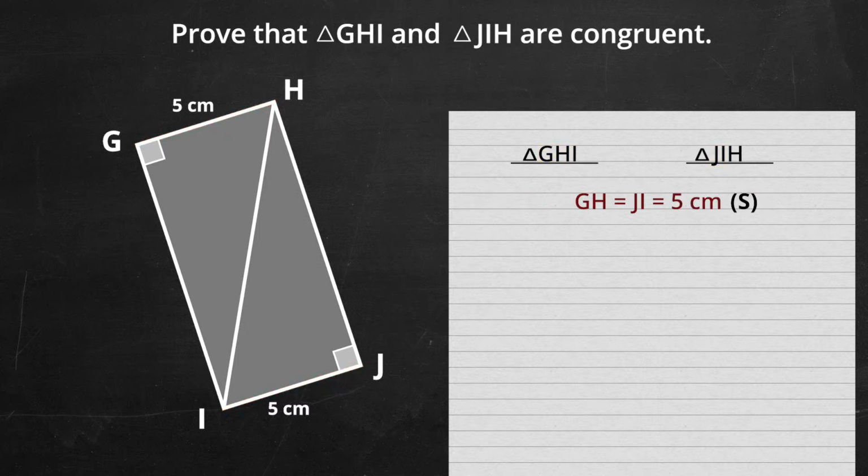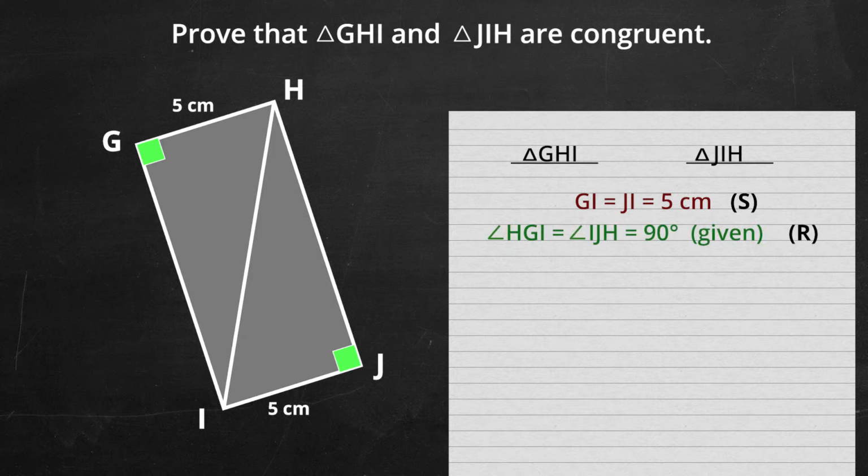What else do we know? Well, notice that triangle GHI and JIH are actually right-angled triangles. This means that angle HGI and angle IJH are 90 degrees each. One pair of corresponding angles is equal. Now, is there anything else that we know?